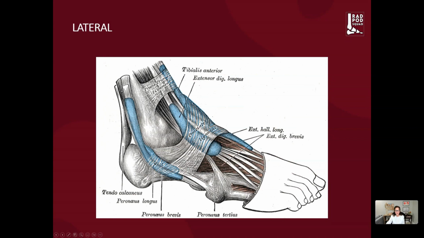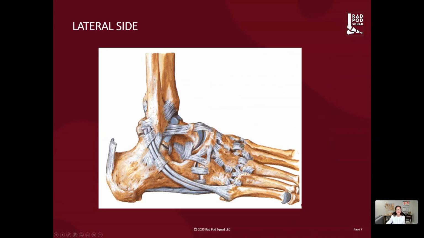We can see a portion of the Achilles tendon on this schematic. Moving down to the ligaments, we can appreciate the lateral malleolus, and moving from proximal to distal, we can see the tibiofibular anterior ligaments peeking out, the posterior tibiofibular ligaments. Moving to the tip of the lateral malleolus, we can appreciate the two bands of our ATFL.